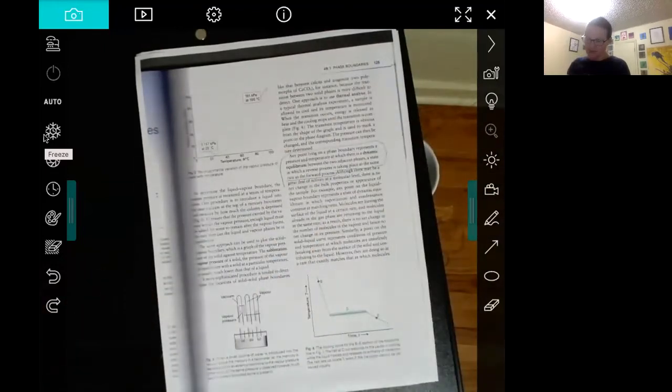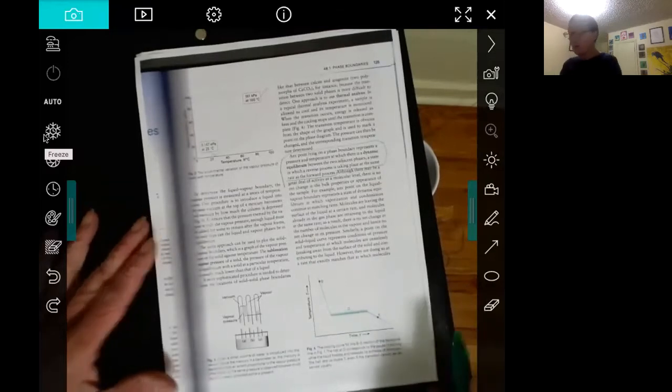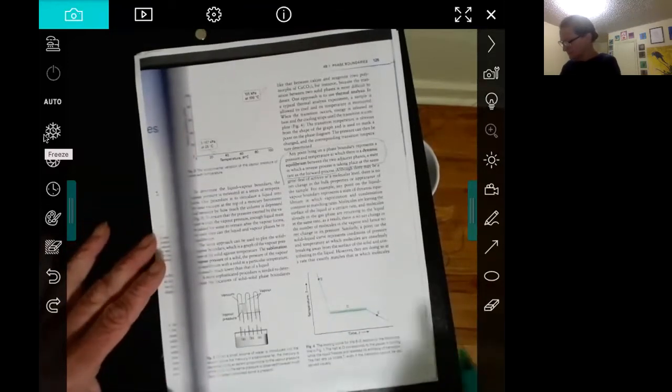So when something is vaporizing, for example, you have the transition from liquid to vapor, and when they're in equilibrium, they're going back and forth at equal rates. So you have the two phases in equilibrium.